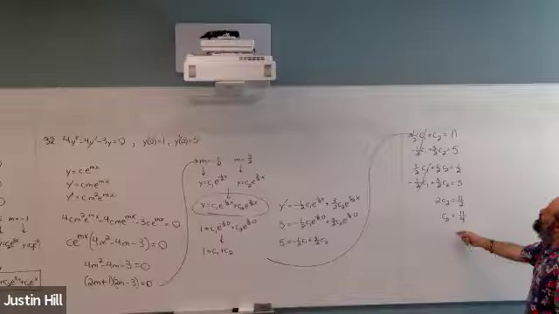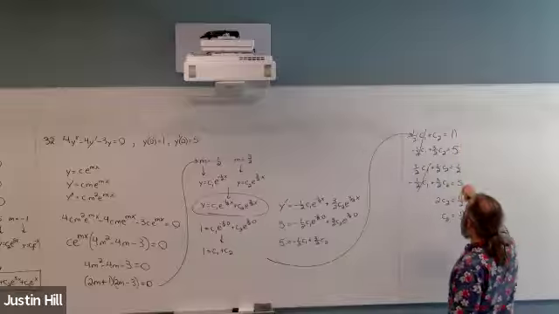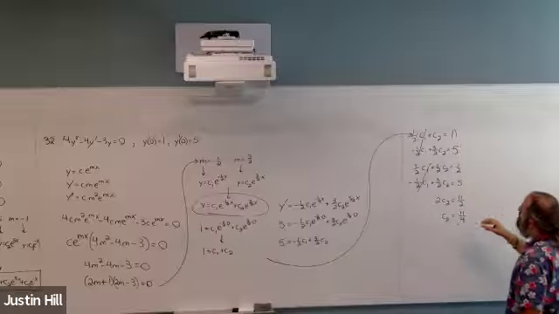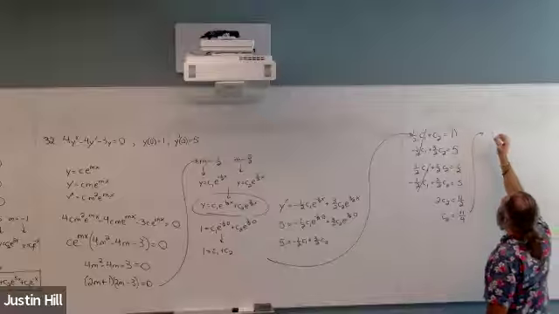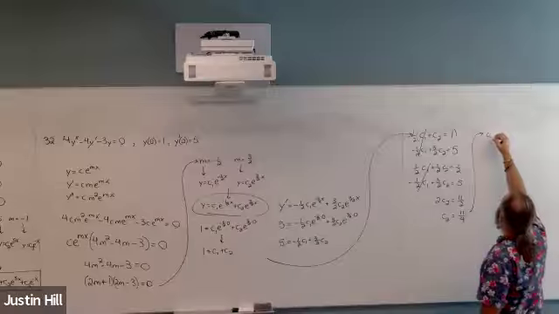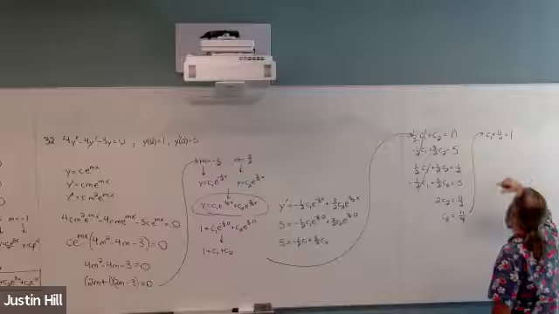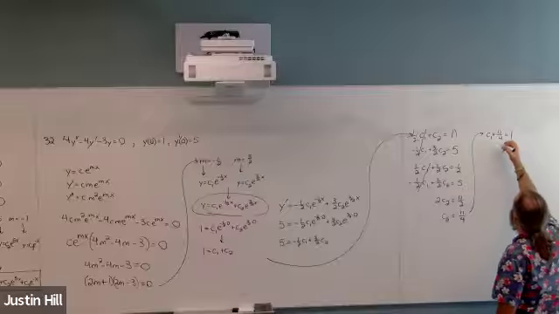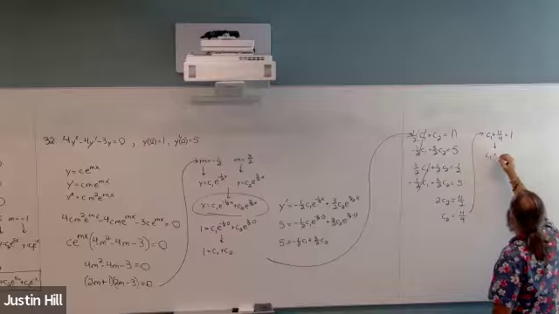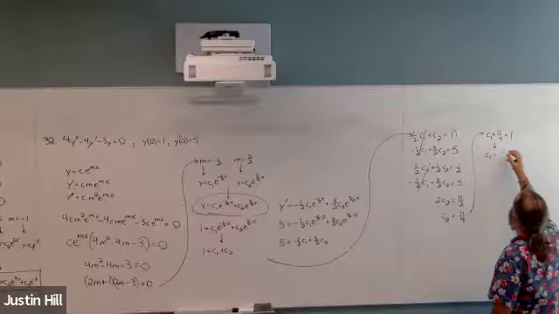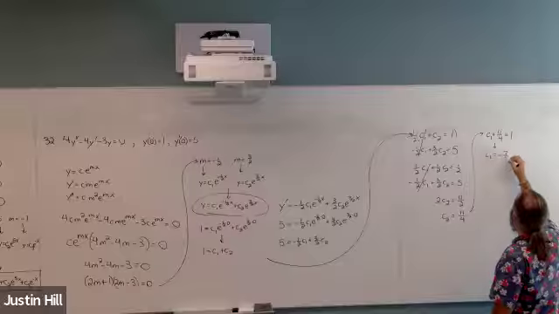Once we have C2, we can go back and plug it into either one of these equations to figure out C1. Easy enough. Obviously the top one is your easiest play. 11/4 plus C1 equals 1, which is 4/4. So then I subtract, and what I end up with is C1 equals -7/4.